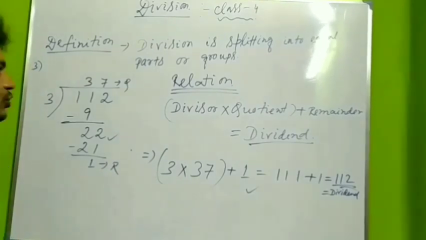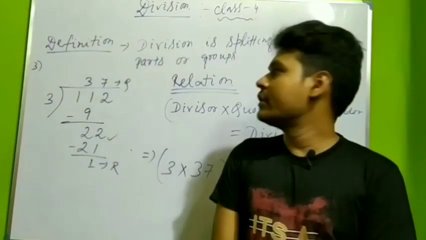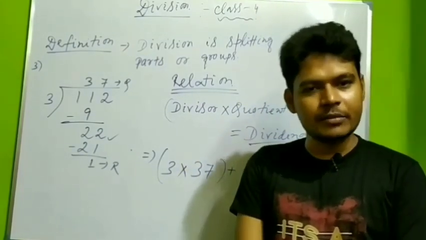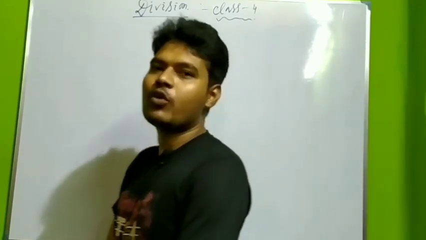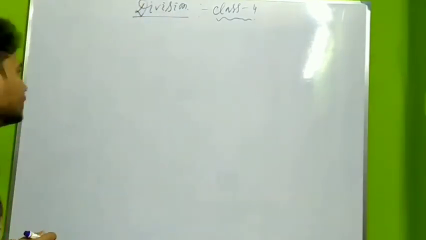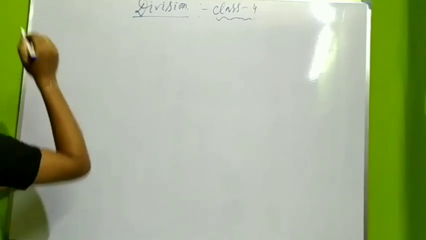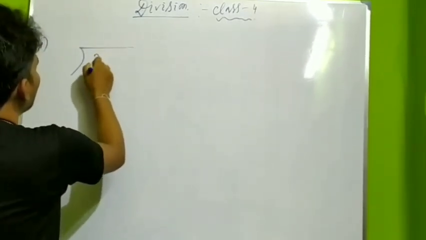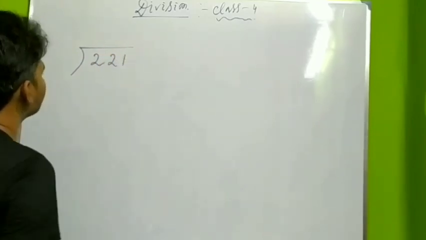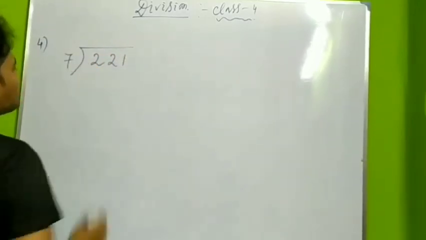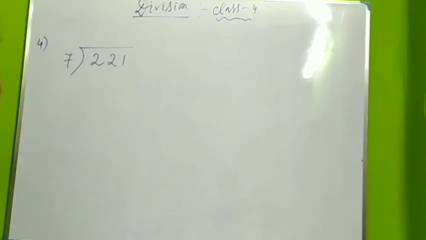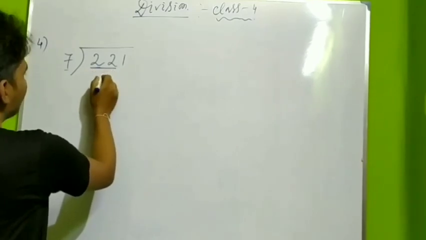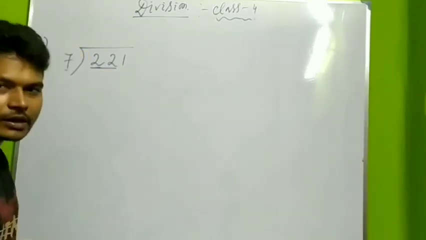Okay, so today we learned the definition and how to apply it to division. Now let's take one more example to understand it properly. Take the dividend 221 and the divisor 7. 2 is smaller than 7, so you take 22, which is greater than 7.